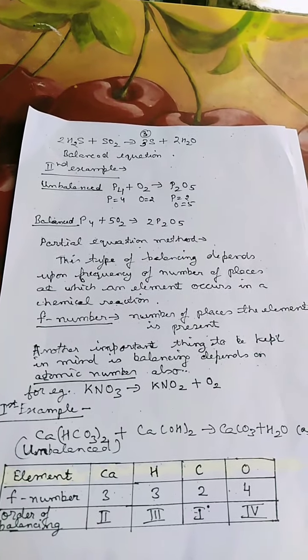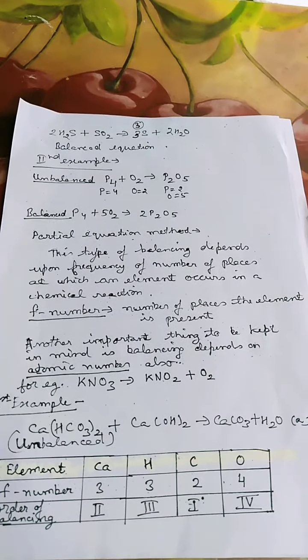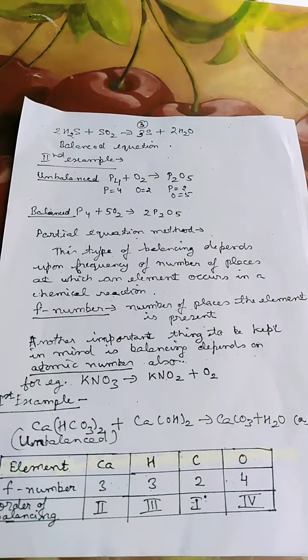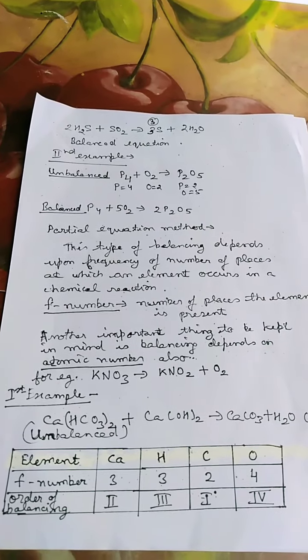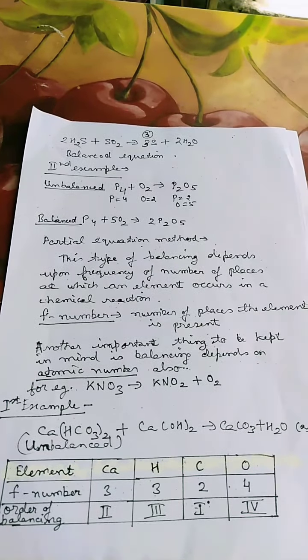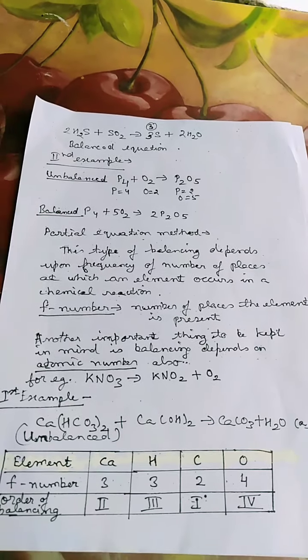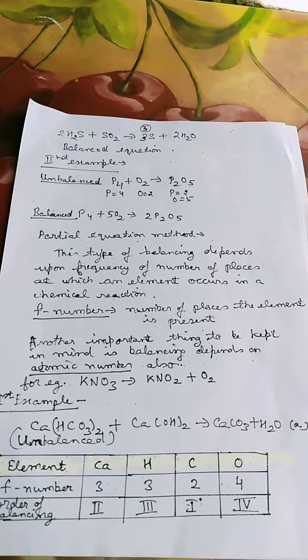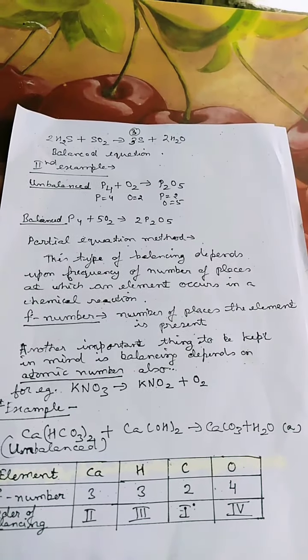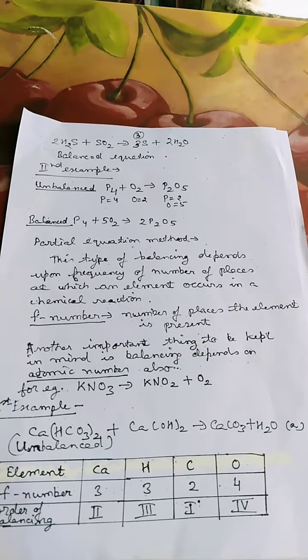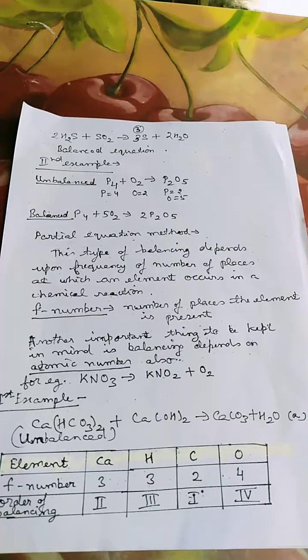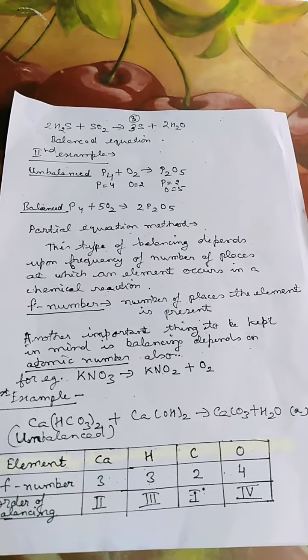Again, we will keep in mind that if F numbers are the same, then firstly we will balance the metallic element and then the non-metallic element. As you can see in this table on page number 18, the frequency number of calcium is 3, hydrogen 3, carbon 2 and oxygen is 4.